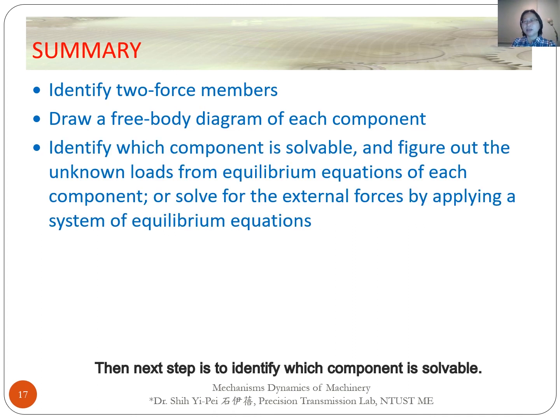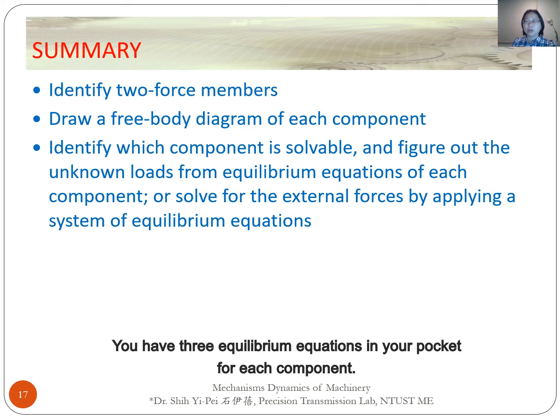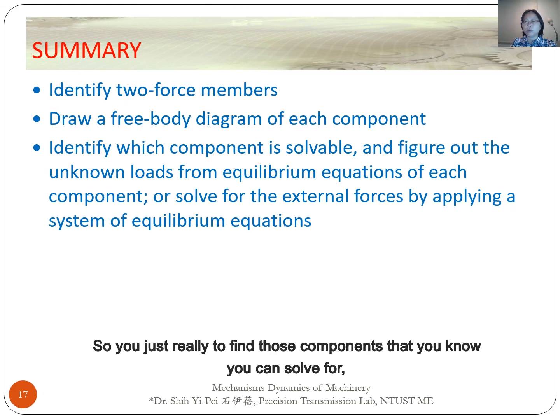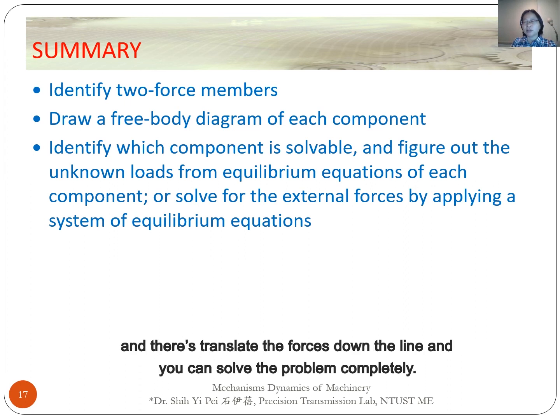The next step is to identify which component is solvable. You have 3 equilibrium equations in your pocket for each component, so you just need to find those components that you know you can solve for. Then translate the forces down the line and you can solve the problem completely.